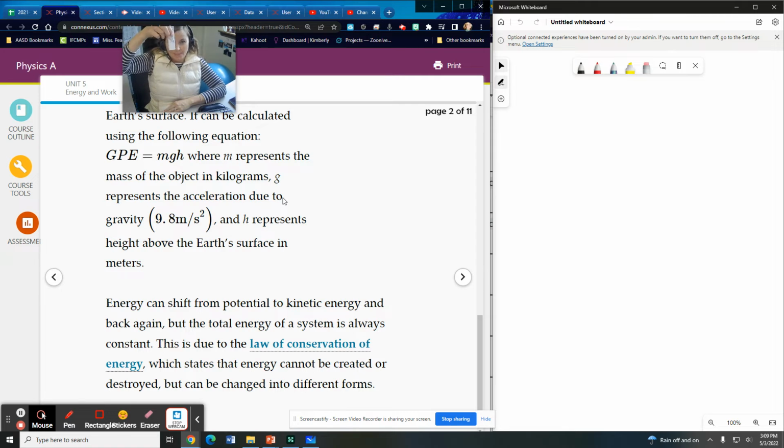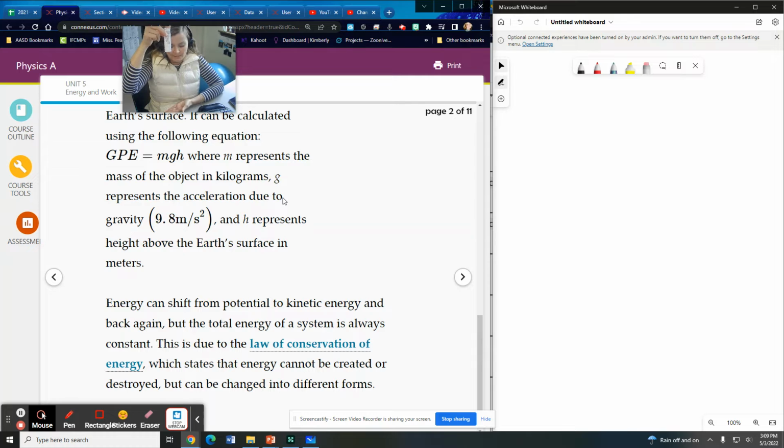So as I drop my mint container, it has lots of potential energy right here. As it's falling, it's losing potential energy because it's getting closer to the surface. It's, however, gaining kinetic energy because it's speeding up. So it will have lots of potential energy, but no kinetic energy when I'm holding it.